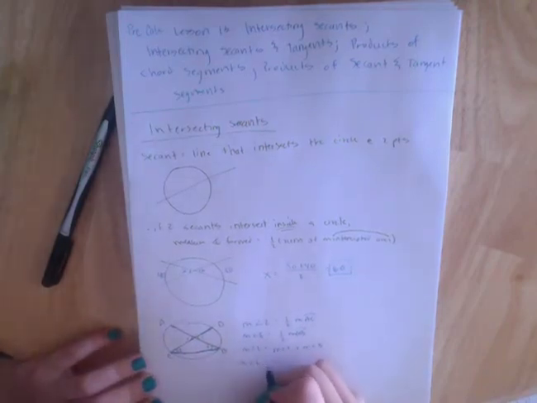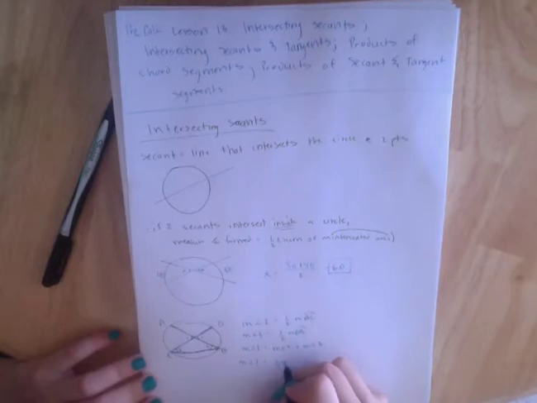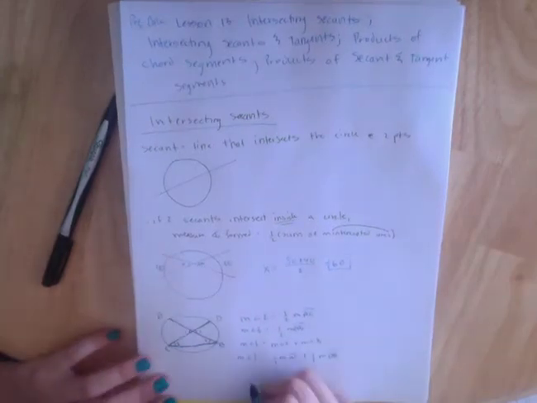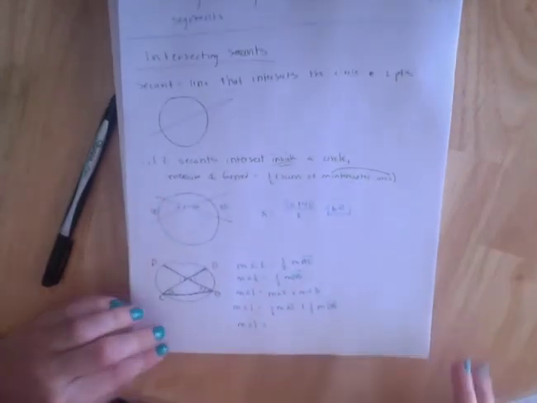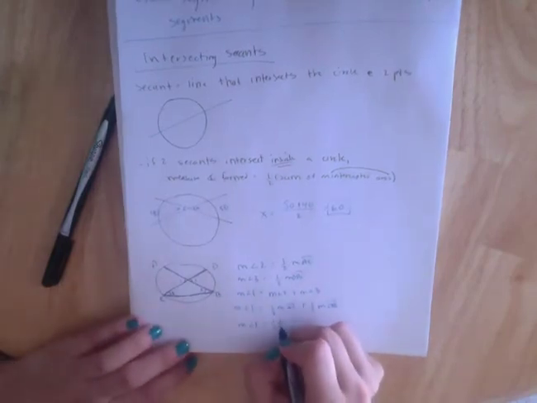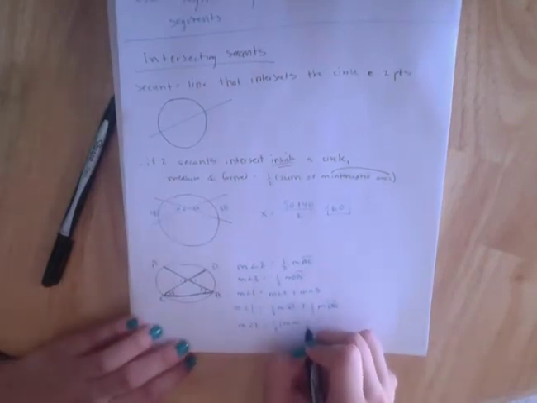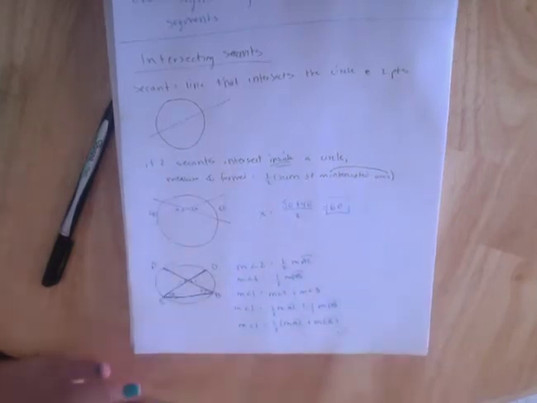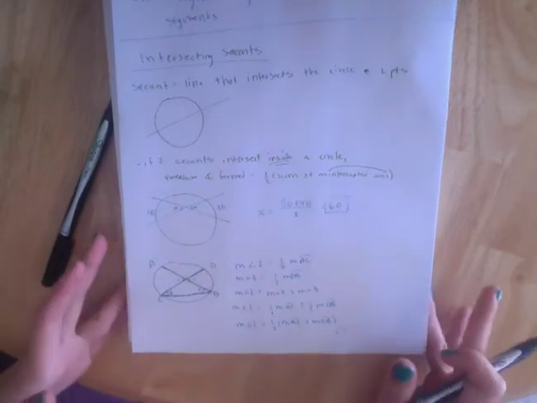So the measure of angle 1 is 1/2 the measure of AC plus 1/2 the measure of DB. If I factor out a 1/2, the measure of angle 1 is 1/2 the measure of AC plus the measure of DB. There you go. Our quick little proof there. Let's move on.